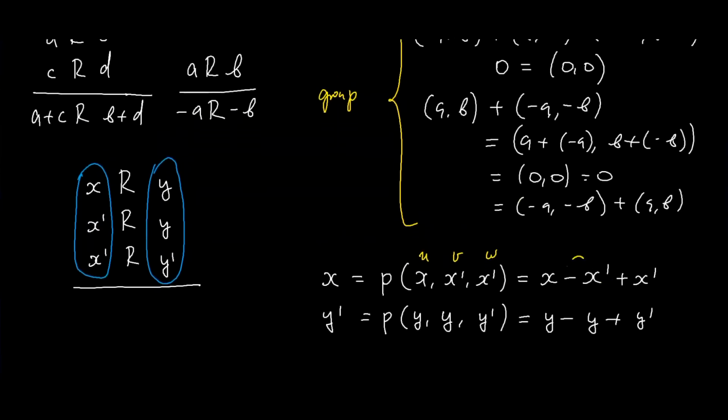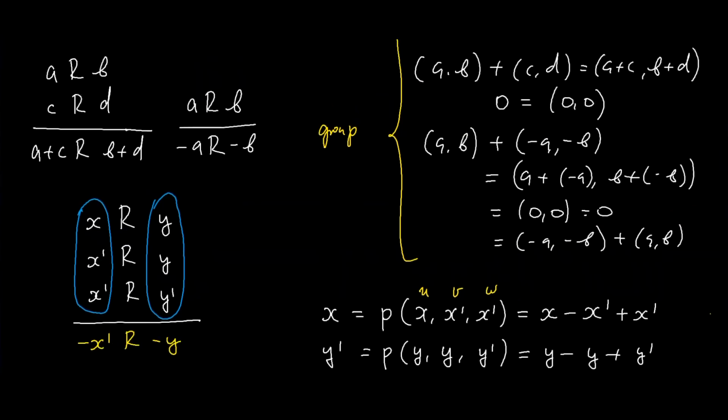So we first want to get minus x prime r minus y. So we'll take this middle row and apply the minus rule to it. So we'll have minus x prime r minus y. And then we will apply the addition rule to this row and that row.